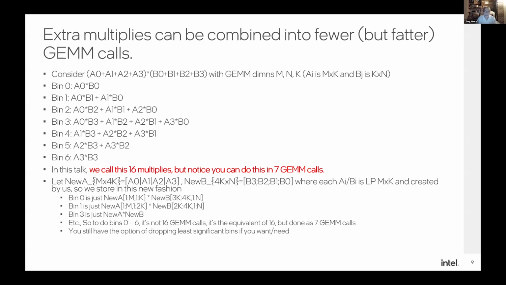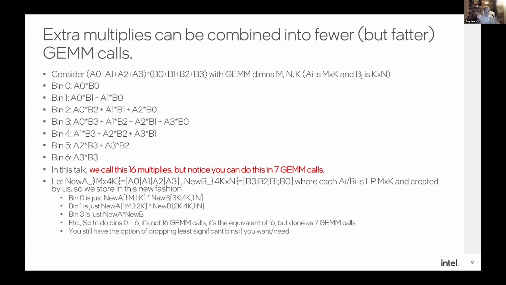And if you look at this and you write this out, there really are 7 bins here, 0 through 6. And the bins correspond to the sum of the indices, right? So bin 6 is A3 times B3. I'm going to call this 16 multiplies. Why? Because I don't want to pull the wool over anyone's eyes. But notice that you can actually do this in 7 GEMM calls, 1 for each bin.